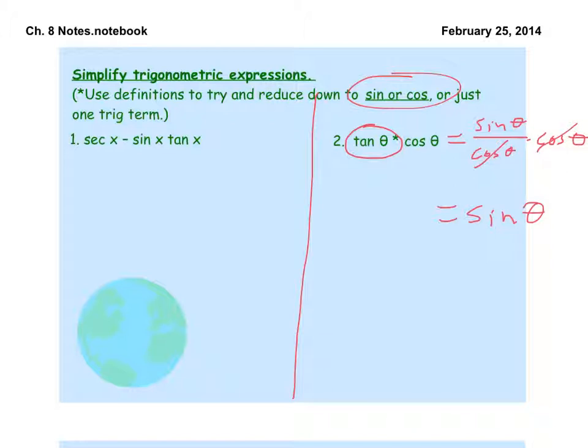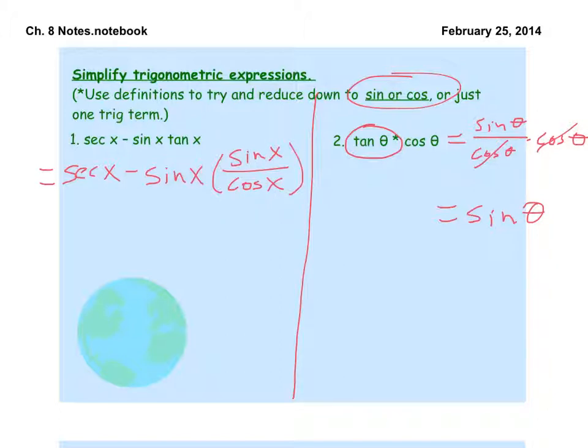All right, this next one right here is a little bit more complicated, but I'm going to start with the same thing, secant of x minus sine of x, and again, I'm going to take tangent, and I'm going to rewrite that as sine over cosine.